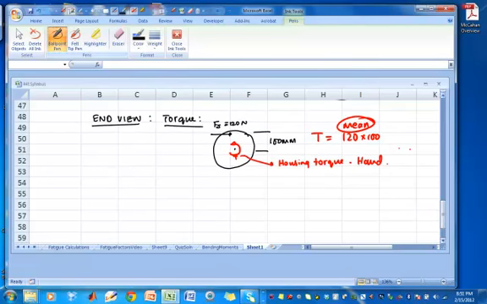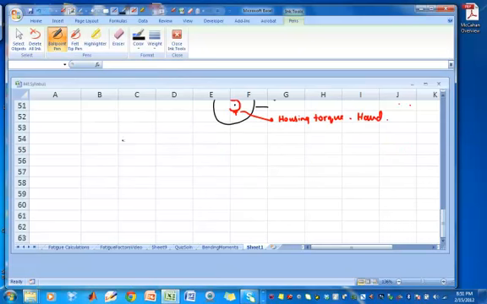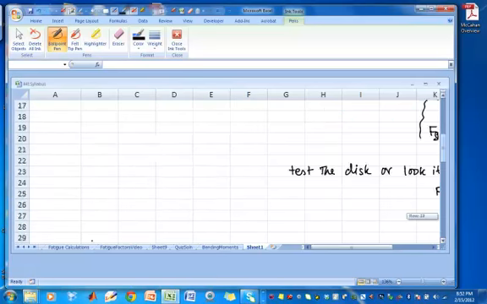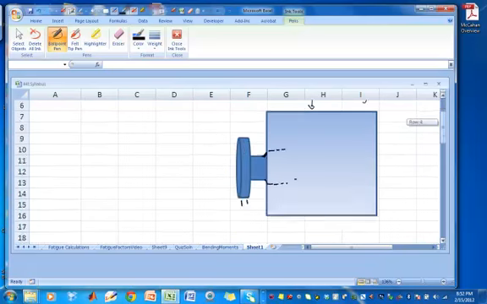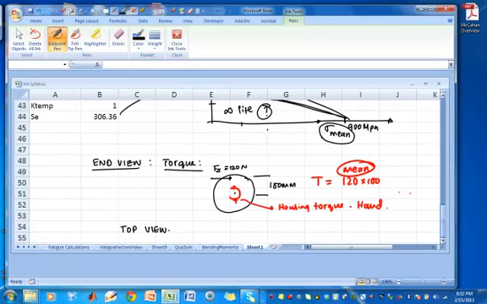Now we are going to compute the bending moment. So I'm going to look at the top view. And just to make sure, I want to go back and make sure our axis is all sorted out. Can you see x-axis is pointing this way, y-axis is up, and then the z-axis is down. So if I look at it from above, I will see the following things.